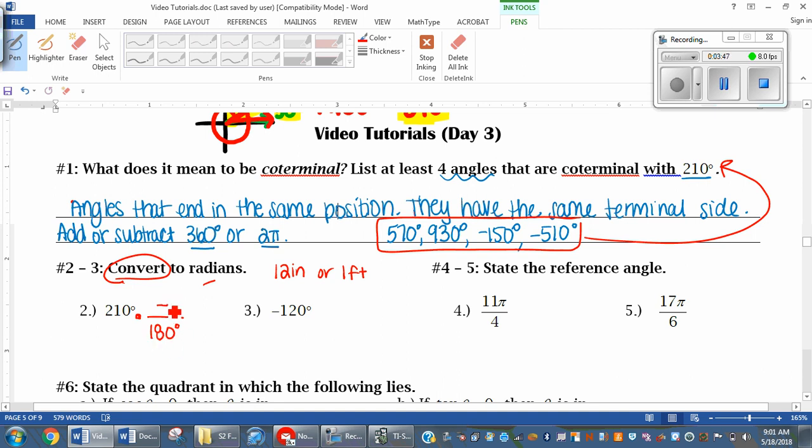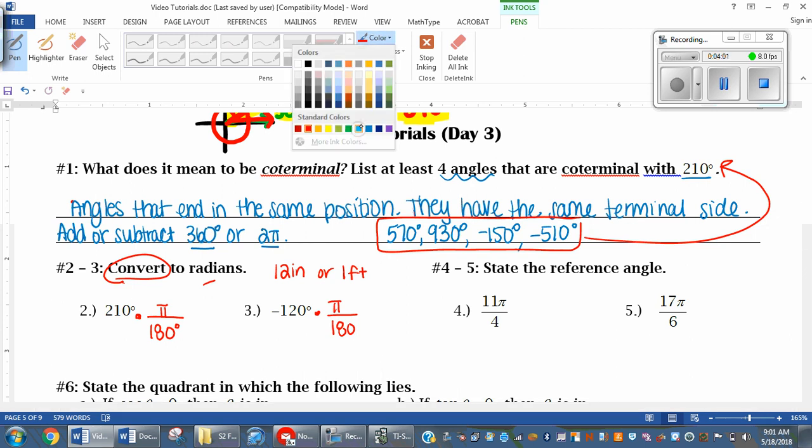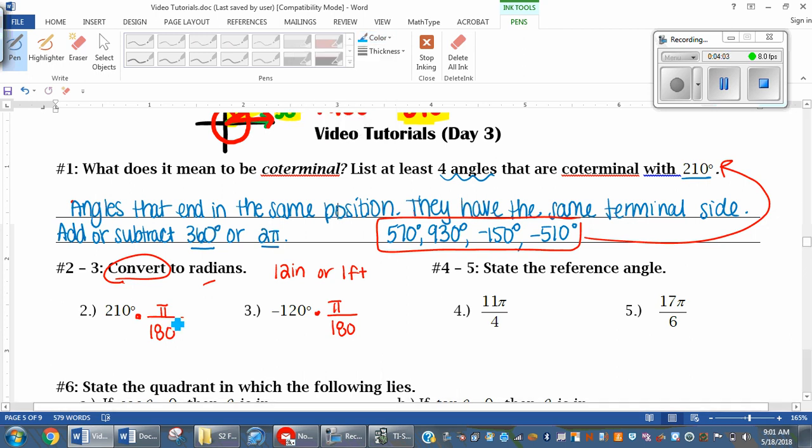So 180 degrees is equivalent to pi. Same thing here. We're going to cancel our degrees by putting them in the bottom and putting pi in the top. Now, let your calculator do the work for you guys. You have them to use on your final. So all you're doing is saying 210 divided by 180, math, enter, enter.